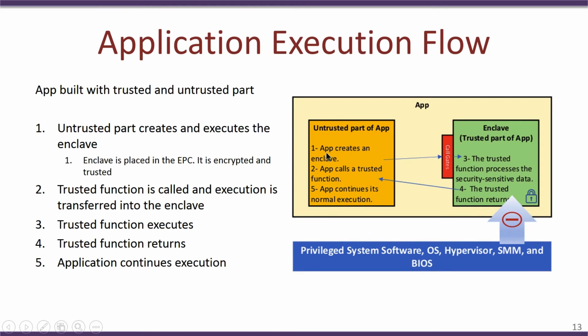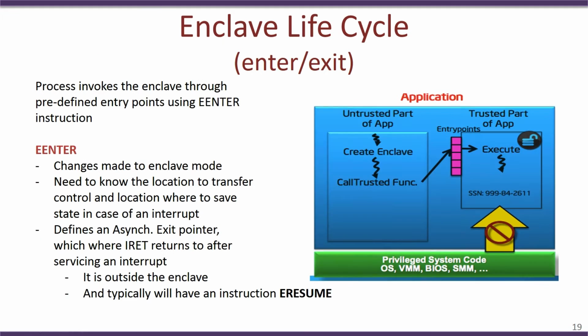After these 4 steps are done, the enclave is ready to use, and the application could use various instructions such as EENTER and EEXIT to enter and leave the enclave. We will look in more detail at EENTER, where the untrusted function could invoke a trusted function present in the enclave.